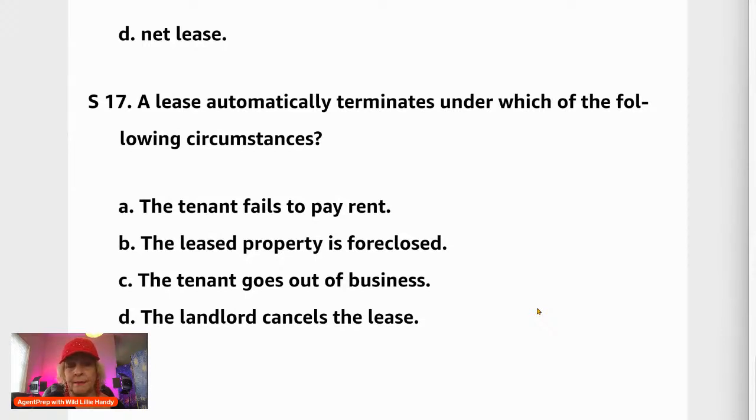Well, they've got to abide by the lease. So this says automatically, the keyword automatically. What would automatically terminate a lease? If the property is foreclosed, right? Because who takes over? The bank. The bank doesn't honor leases. The owner couldn't pay. They were receiving money. They misused the money. So it goes to the bank when it is foreclosed, and they do whatever they want with it.